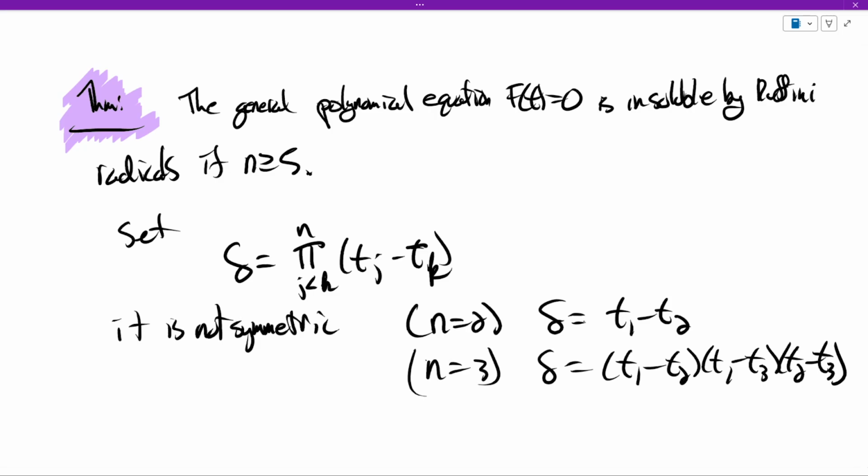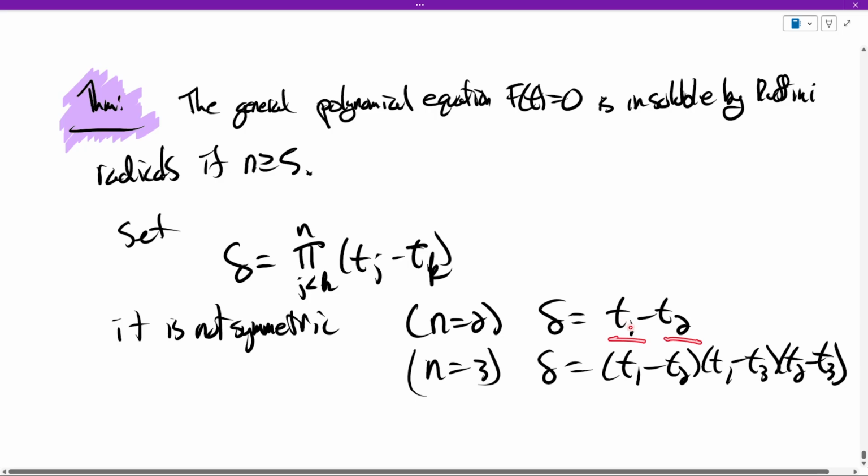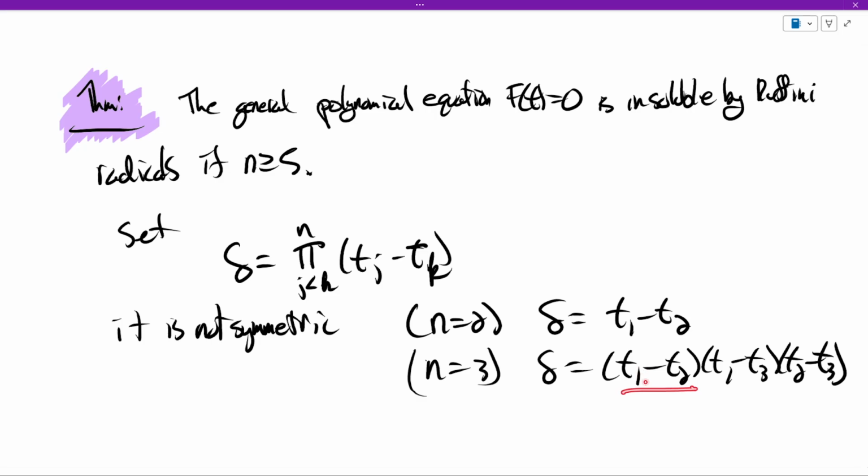In particular, for the first one, if we swap 1 and 2, we get the negative. If I swap 1 and 2, I get t2 minus t1, which is negative delta. Similarly here, if I swap t1 and t2, these factors will interchange, but this one will introduce a negative sign. However, if we have an even permutation, you can't just swap 1 and 2.